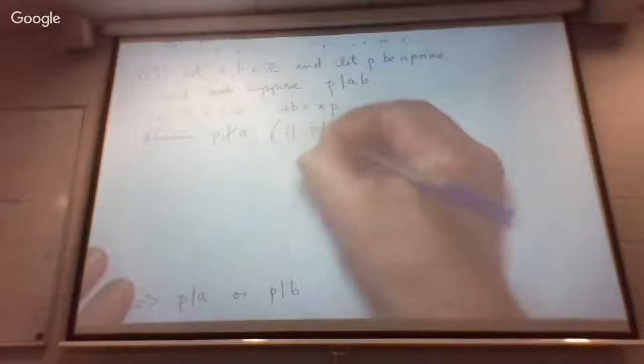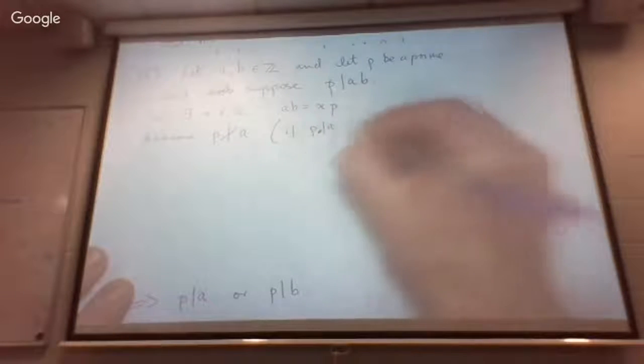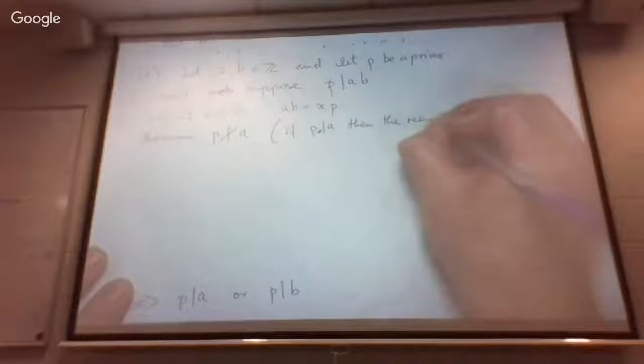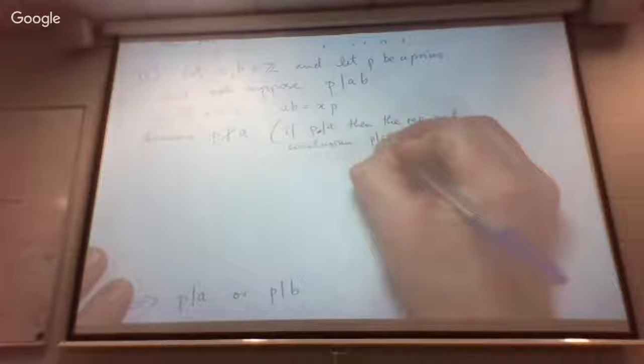If P does divide A, then the required conclusion is true: P divides A or P divides B. So that's this, if P divides A, you're finished. It's only if P does not divide A that you've got some extra work to do.